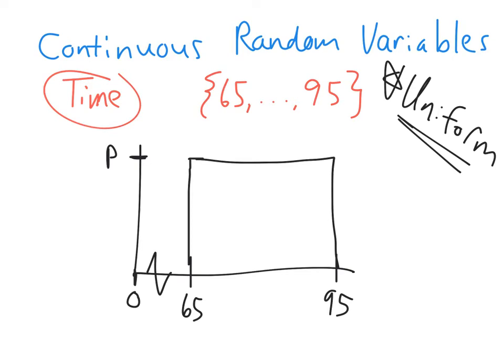However, since the entire data set consists of between 65 and 95 minutes, and recall the previous concept that the sum of the area or the sum of the probabilities in this distribution will equal 1, will allow us to determine what this uniform probability is. In this case, for a continuous random variable of test time. So this is the time it takes to complete the test in minutes.